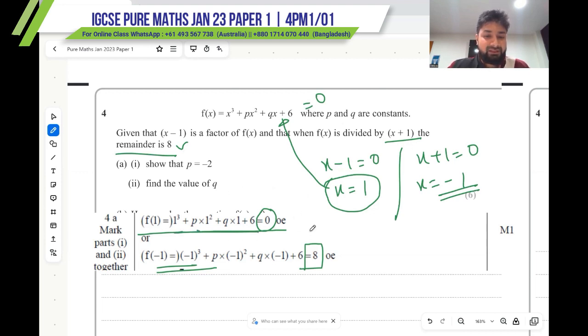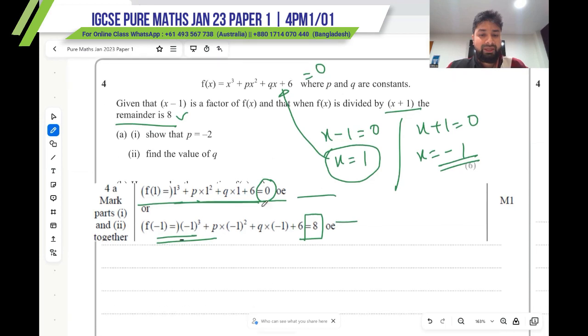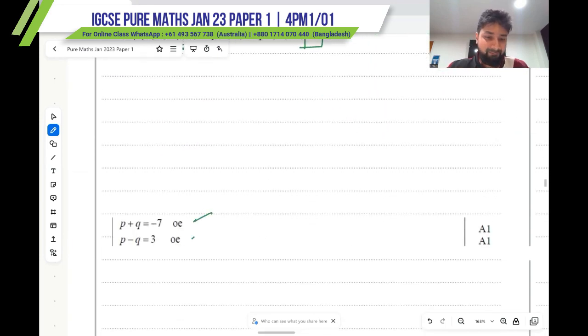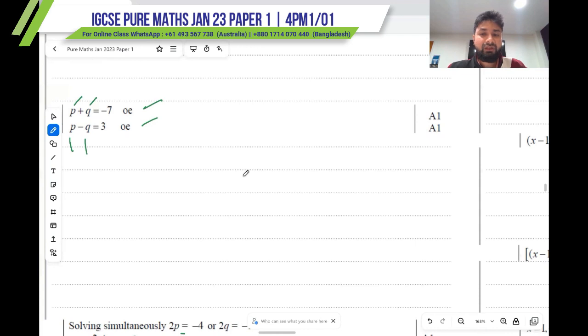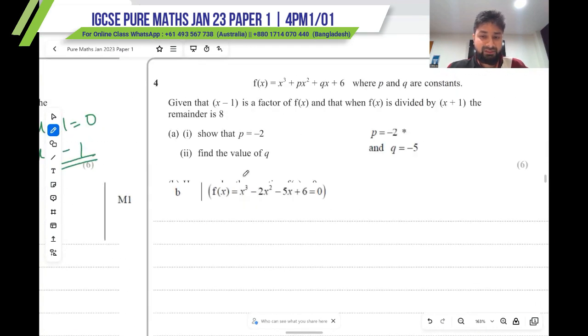Now, when we arrange these two equations, we get an equation something like this. As we have two unknowns over here, we have to use simultaneous equations. And finally, when we use simultaneous equations, we get p to be minus 2 and q to be minus 5.